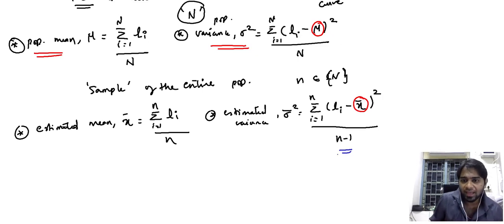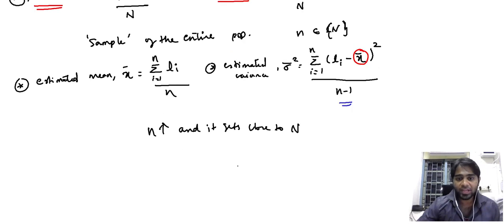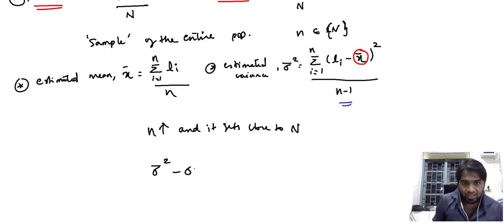The reason we have n minus 1 is because as your n, that is the size of the sample, increases and gets close to the entire possible population, that is the capital N, what ideally we would expect is that the difference between the estimated variance and the population variance should be equal to 0.